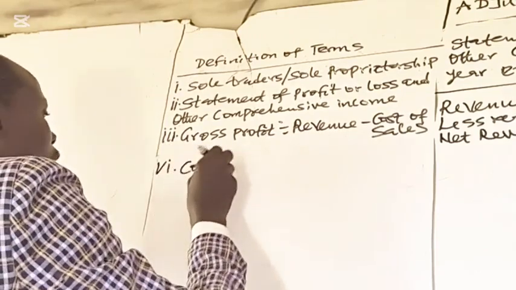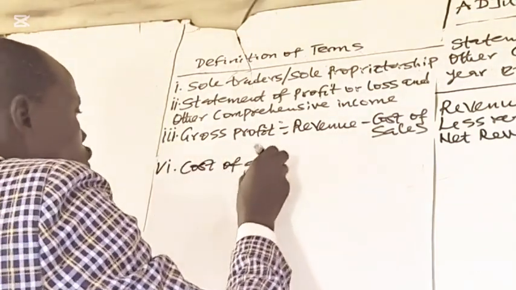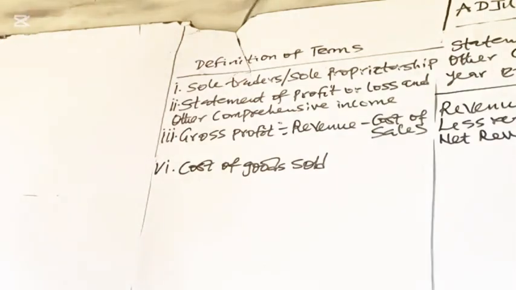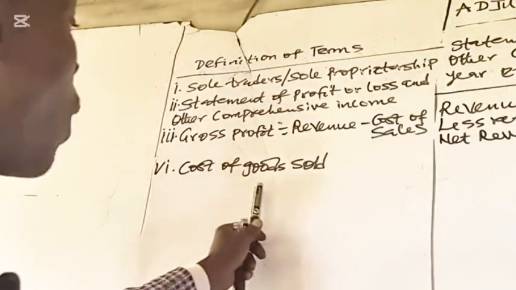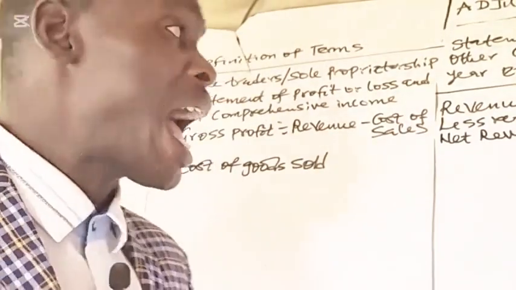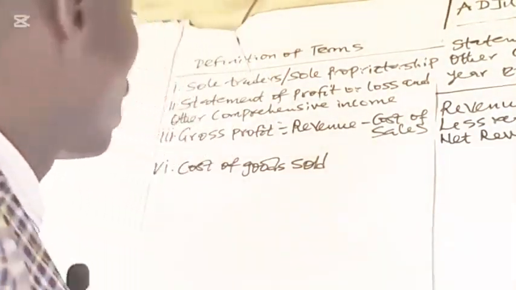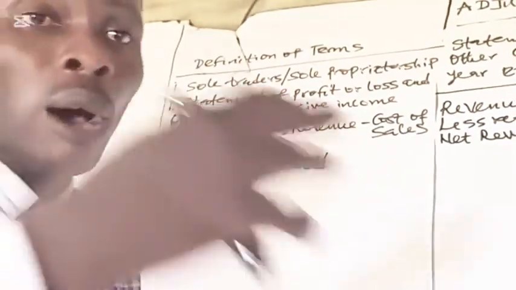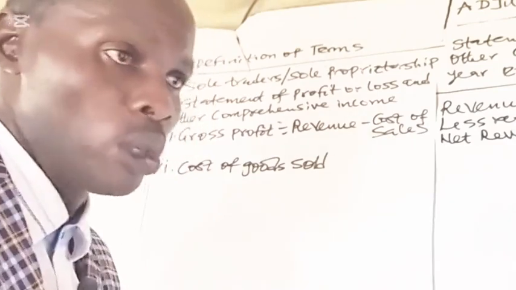Cost of goods sold. This is the cost of the inventory that are sold out in the period. The cost of the inventory that are sold out during the period. They are direct cost. Cost of sales are direct cost of the items sold.